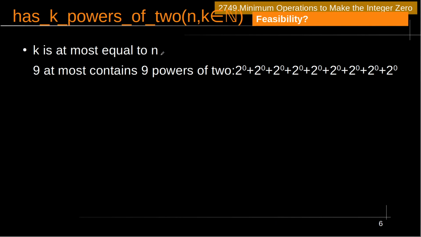It does not make sense if k is greater than n, because at most we can write n using n powers of 2. Take 9, for example. Here 9 could contain 9 powers of 2, which is 2 power 0 plus 2 power 0, 9 times, as you see in the presentation.